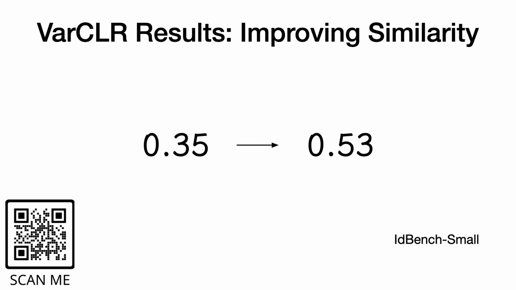Second, let's see how much improvement VarCLR can achieve on similarity. We improved the previous best performing method from 0.35 to 0.53, which is a very significant improvement. For more details about our results, please scan this QR code below or just refer to our paper.